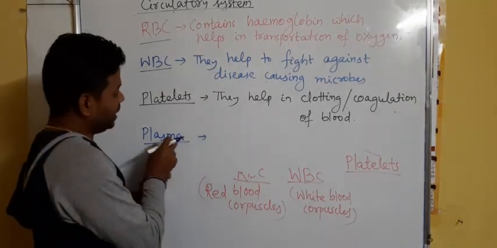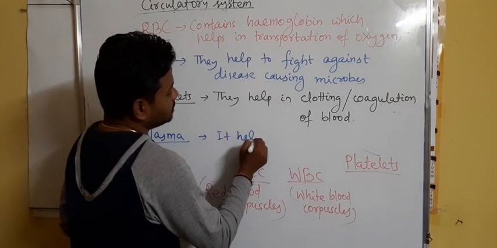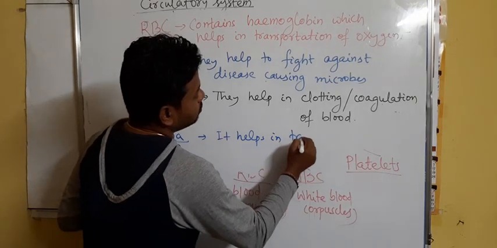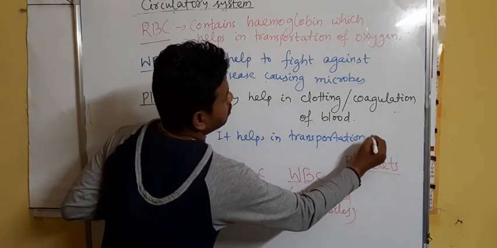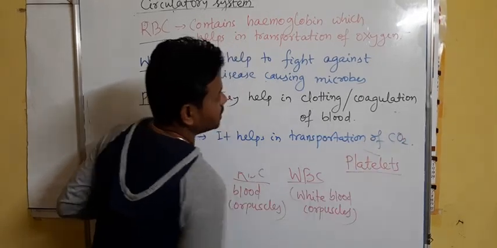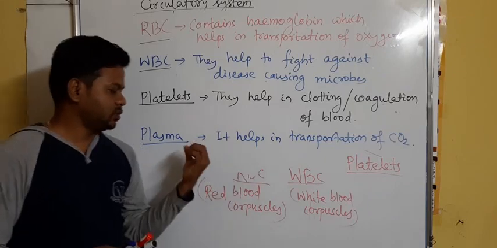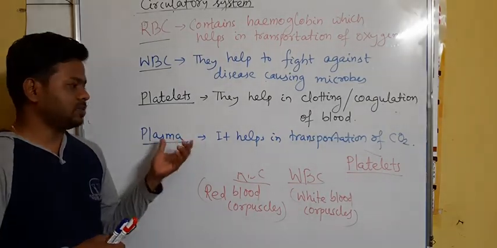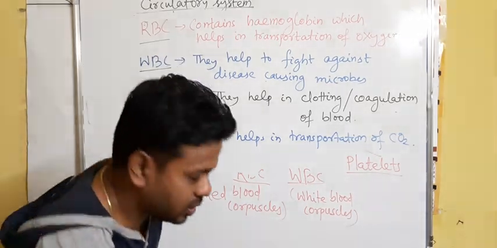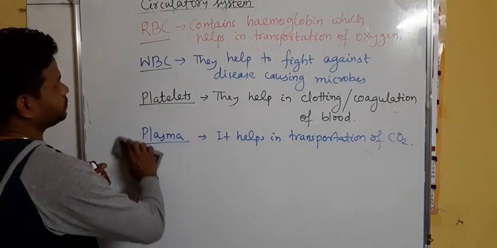One of the main roles of plasma is that it helps in transportation of CO2. As we have read in the respiratory system, the carbon dioxide from the cells is dissolved in plasma and carried to the alveoli of the lungs. So plasma helps in transportation of carbon dioxide. So this is all about the blood.